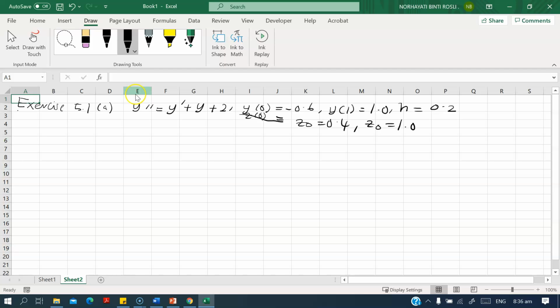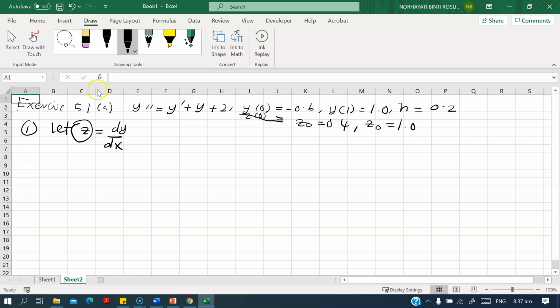And now class, do you still remember the first step? We need to reduce our system, which is a second order ODE, to a system of first order. You have to let here, okay? Please always do like this for the first step. Let z equal to the dependent variable and the independent variable given in the question, that is in terms of the first derivative, dy/dx.